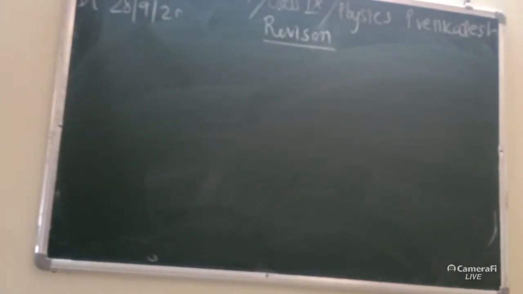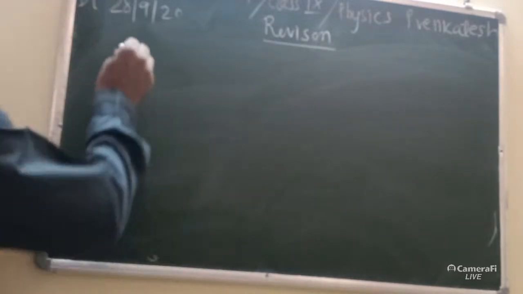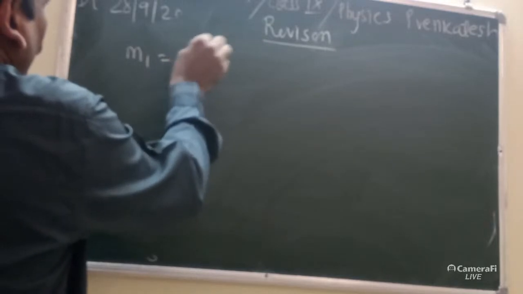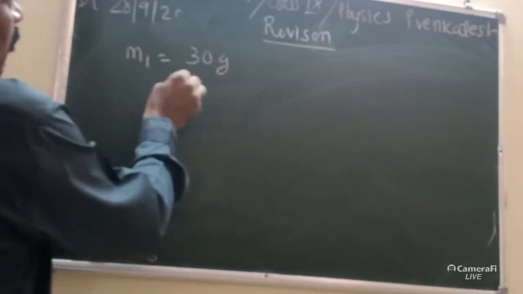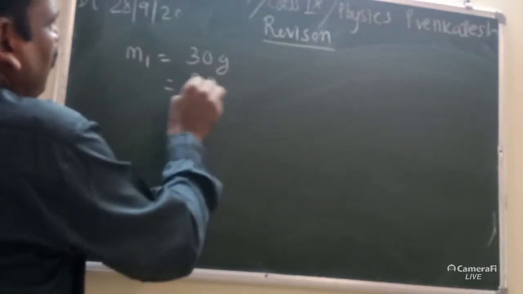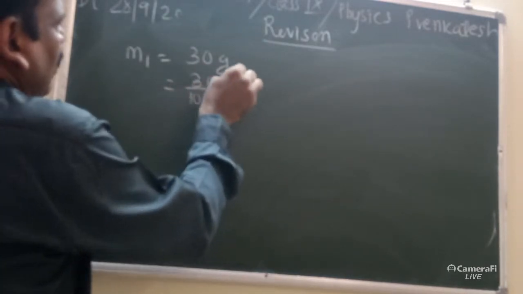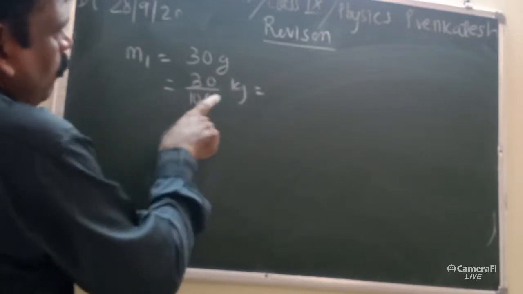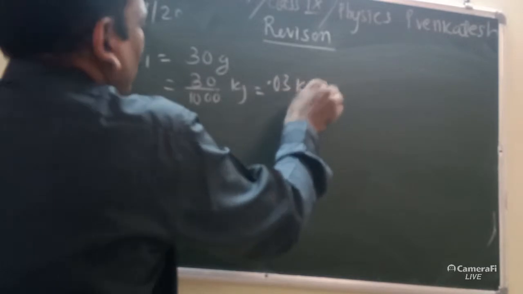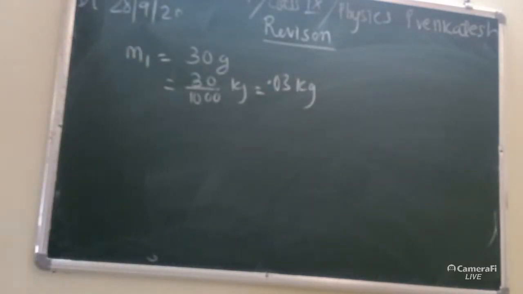A bullet of mass m1. First of all, you write what is m1. m1 equal to the mass of the bullet, 30 grams. Whenever, you convert this into kg: 30 grams divided by 1000 kg, that is equal to 0.03 kg.